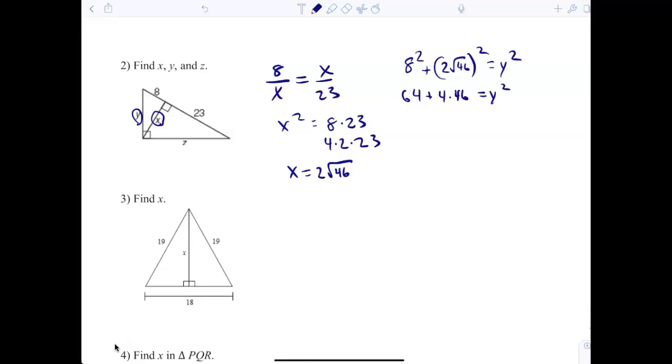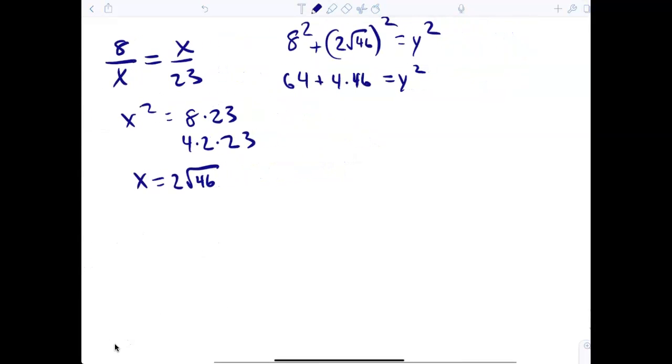So you definitely need to review the radicals. Now, 4 times 46 is 184. So 64 plus 184 equals Y squared. When you add that, 248 equals Y squared.